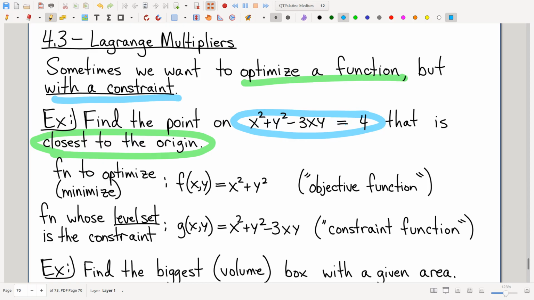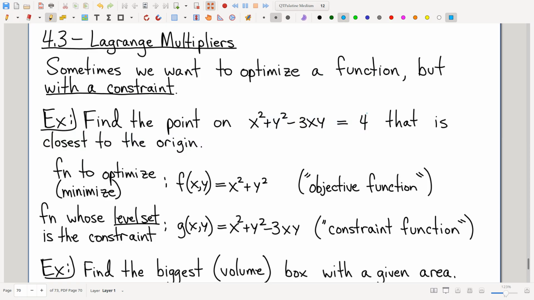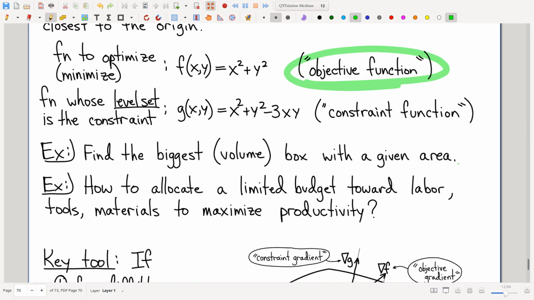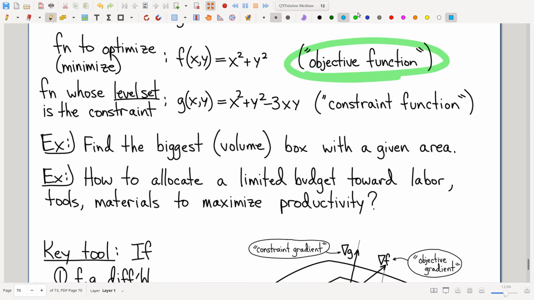So, a little bit of lingo. There's always going to be some function that you want to optimize. We're going to call that the objective. And there's going to be some function that describes your constraint. We're going to call that the constraint function. Specifically, the constraint function is the function for which a level set gives the constraint. It's very important that we phrase this as level sets.